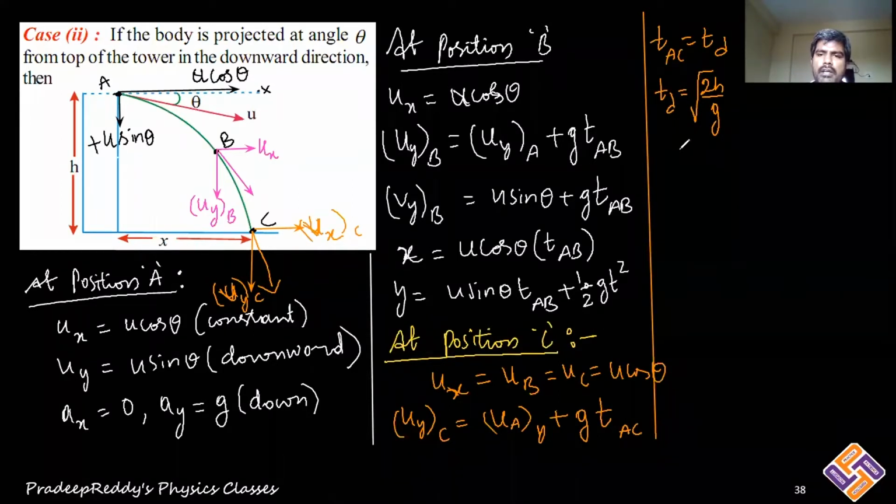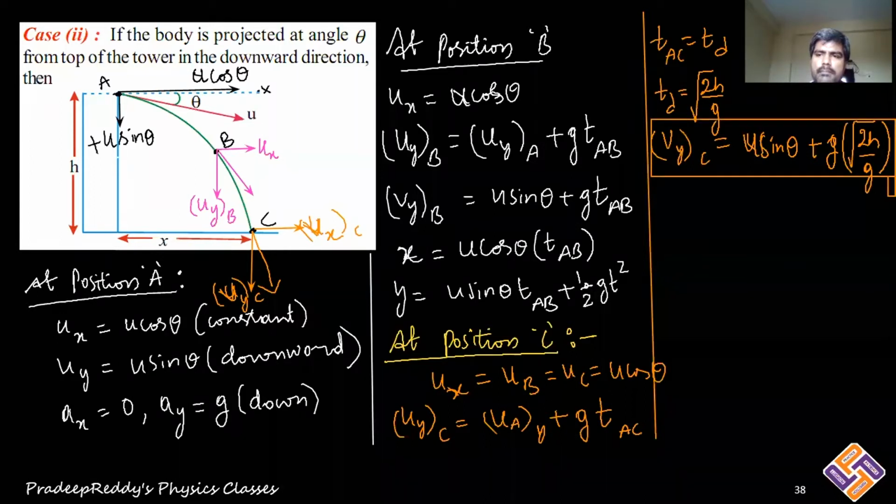So final velocity along y direction at position C will be equal to u sine theta plus g into time taken, under root 2h divided by g, right? This is the final expression which you have for velocity at position C, right?